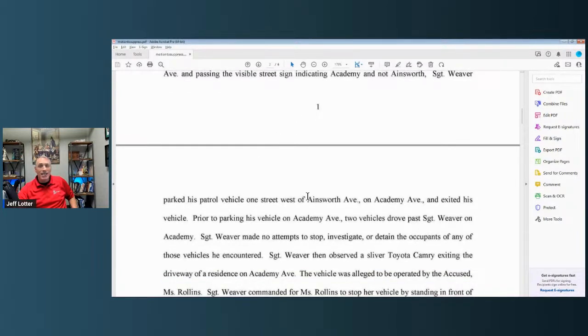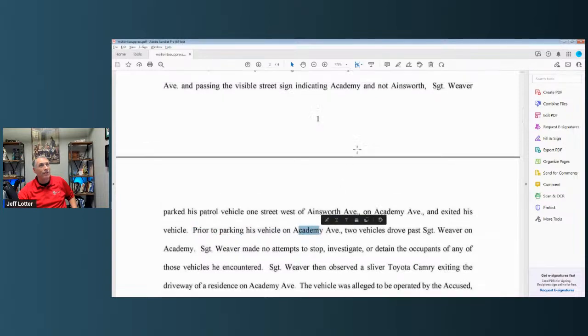It's during the daytime, he's responding to this burglary alarm, and the sergeant parks on Academy Ave instead of Ainsworth Ave. So he's on the wrong street. As he's driving down, in plain daylight, he doesn't recognize he's on the wrong street, but he's just counting the number of houses down for his alarm.